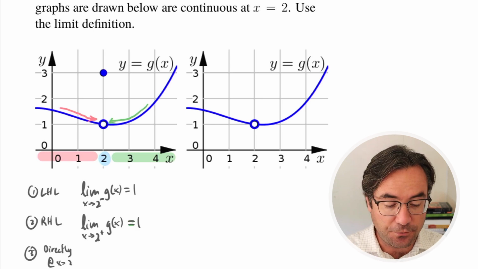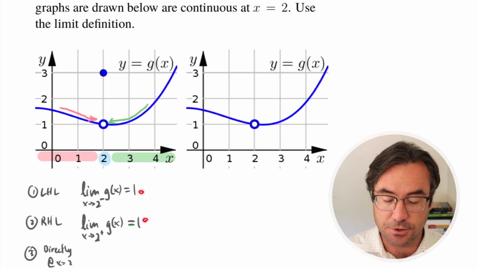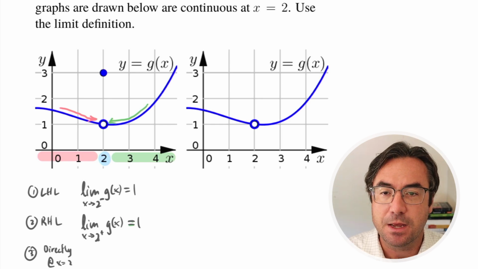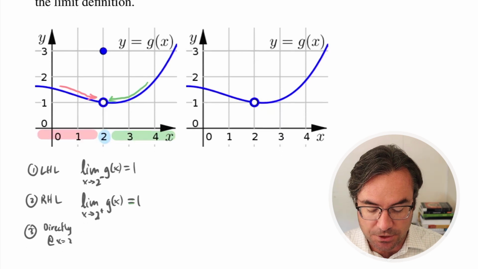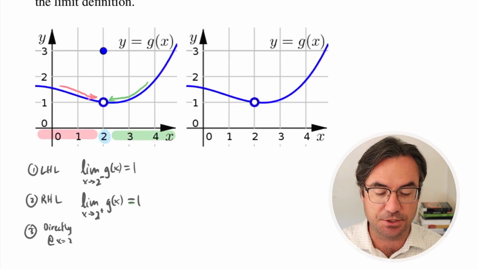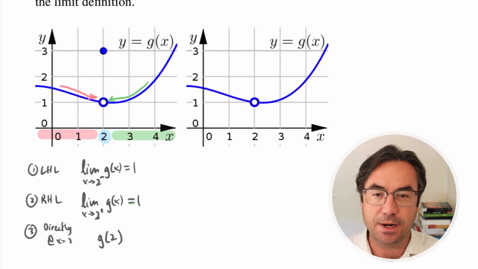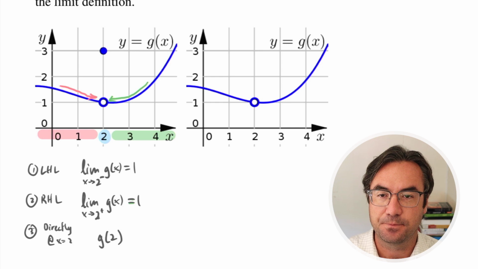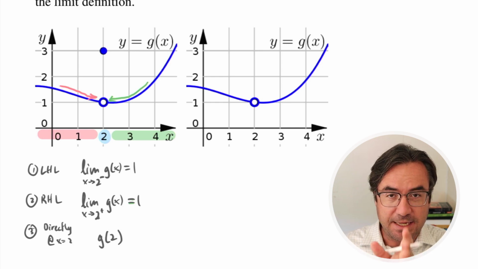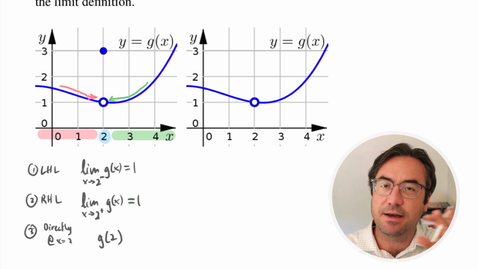Okay, so far, so good. The two things we've calculated match up. Now we need to find what's going on directly at x equals 2. This is where we plug 2 directly into our function. We look exactly at x equals 2, not a little bit to the left, not a little bit to the right.